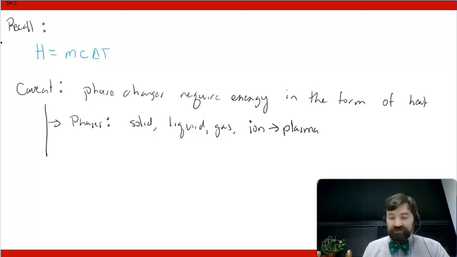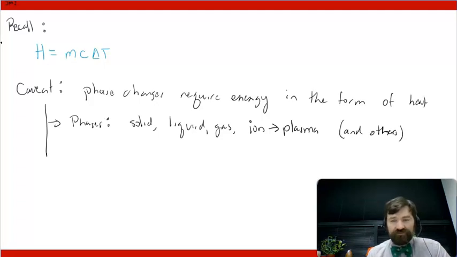Okay, there's other phases as well. There's supercritical fluids, there's Bose-Einstein condensates, etc. But we're just going to focus on these four. So we'll say, and others that are outside the concerns of this particular class.